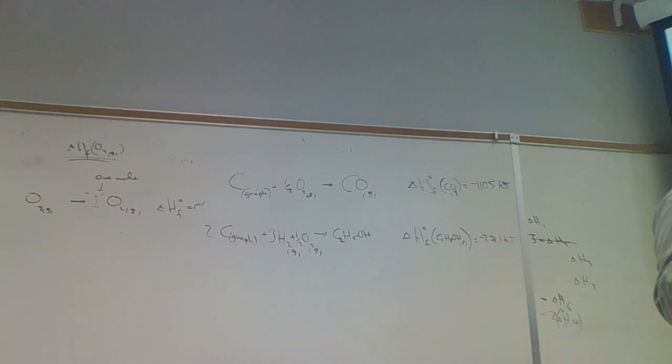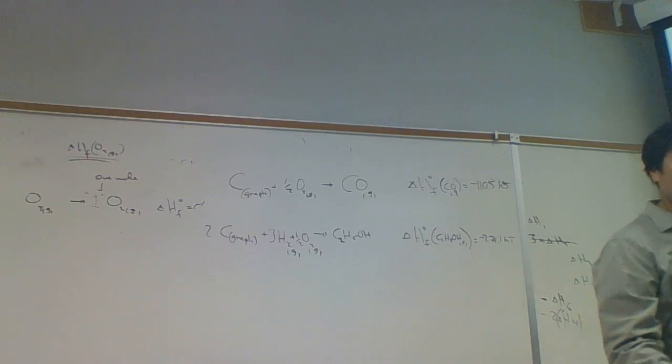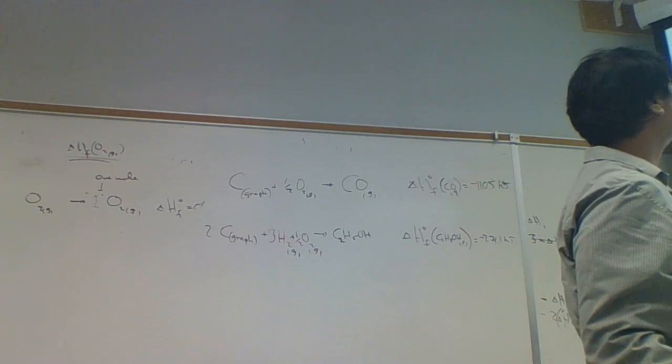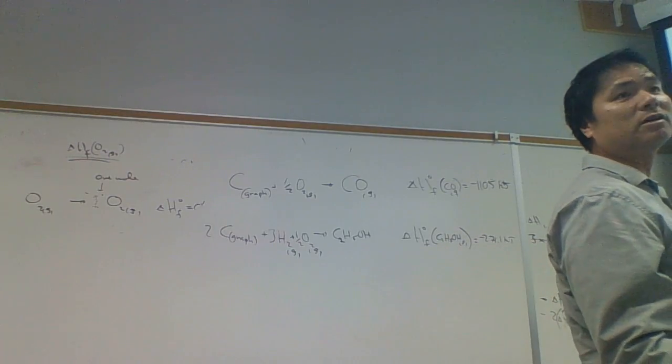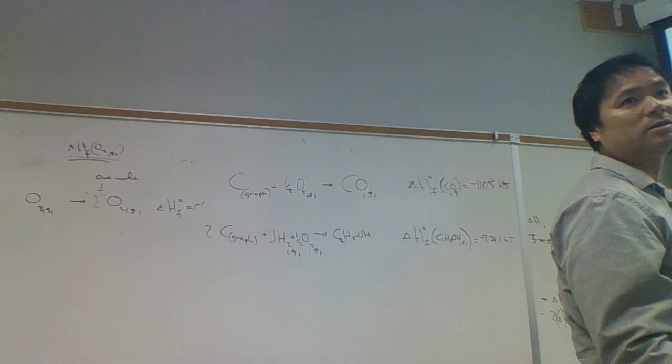What's the energy change? 0. In fact, all the elements are 0. Barium, solid barium, 0. Let's continue on. Beryllium, 0. Bismuth, 0. Boron, 0. Obviously, they all have to be 0.